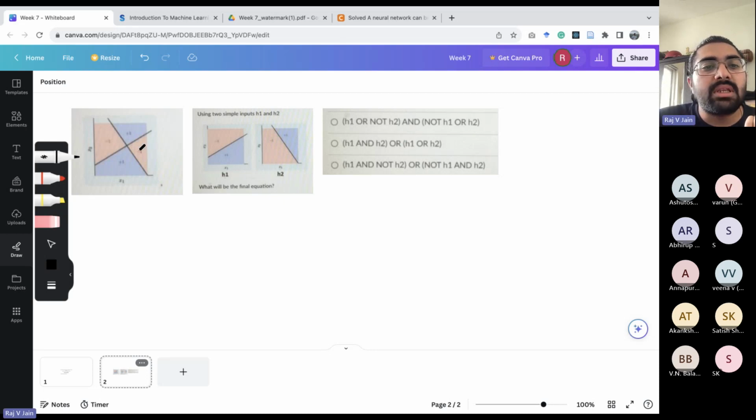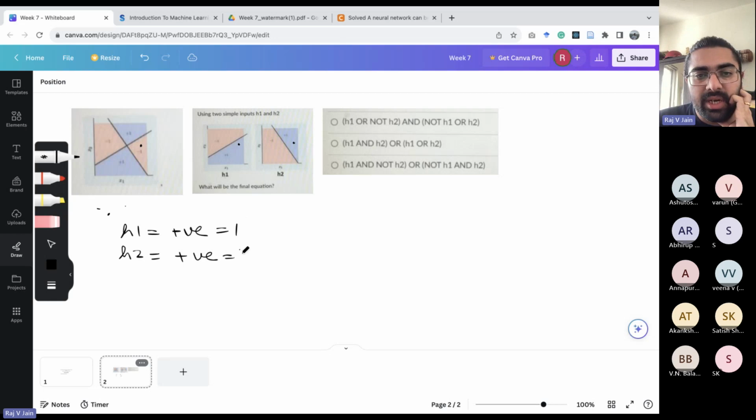Let's say the point is here. H1 says it belongs to the positive class, and H2 also says it belongs to the positive class. We'll call positive 1 and negative 0.